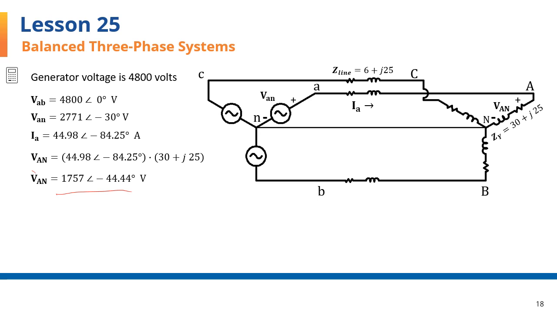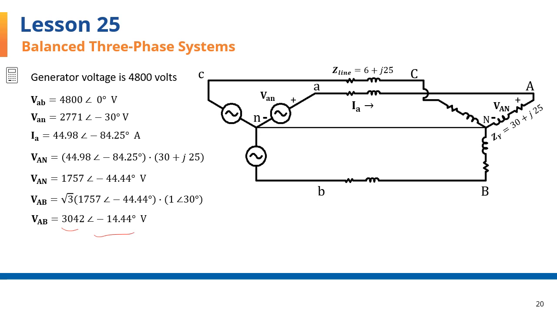From this, we can find VAB simply by multiplying it by square root of 3 and adding a 30-degree angle to it, because remember that we're working with positive sequence systems, unless we're told that the system is negative sequence. And here is that answer: the line-to-line voltage at the load is 3042 with negative 14.44 degrees.